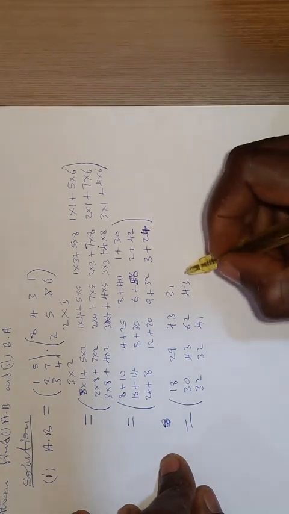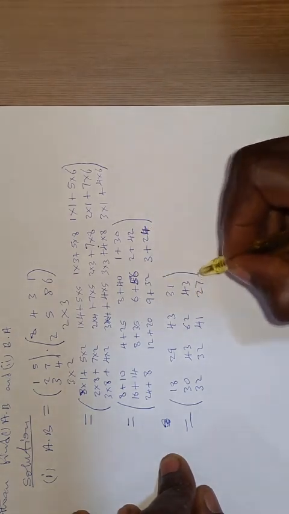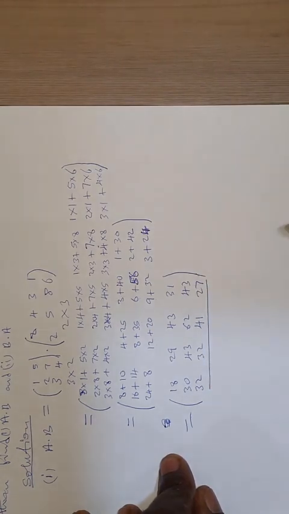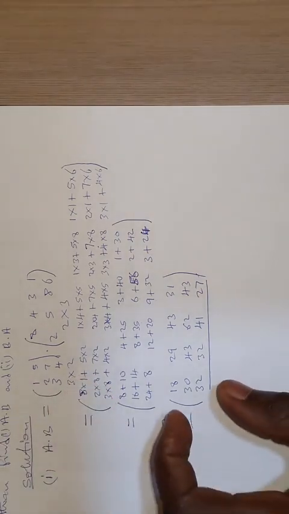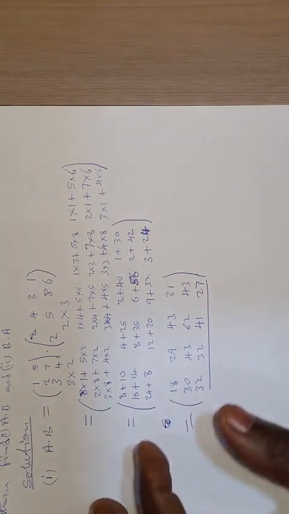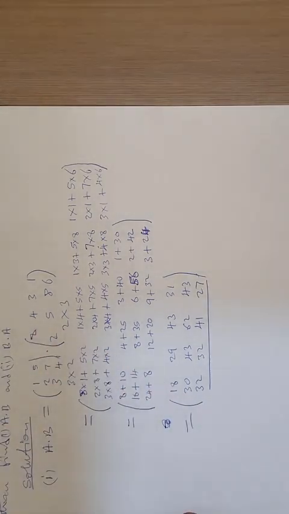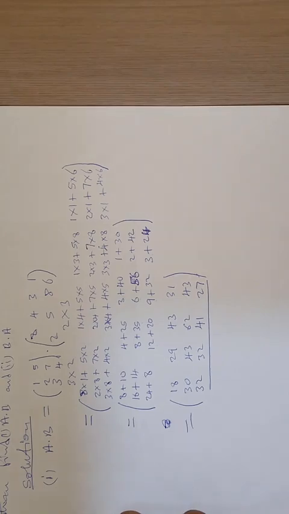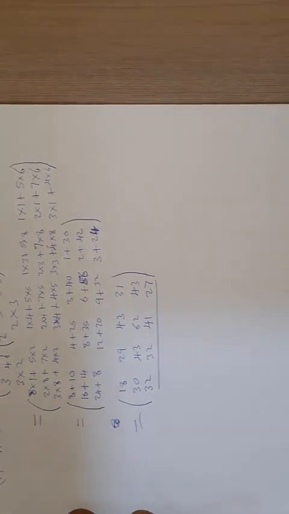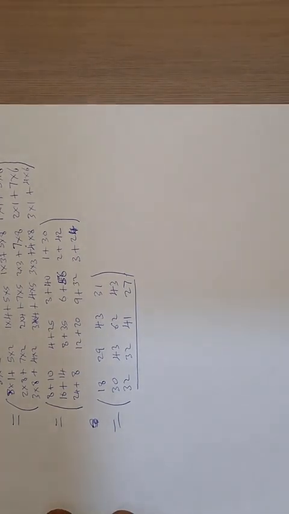So when you sum this one to give us 27, so when you multiply this matrix, this will be the answer. So we want to see if it is possible to multiply when we change the order of those two matrices. But I believe this is fine for you that is watching.